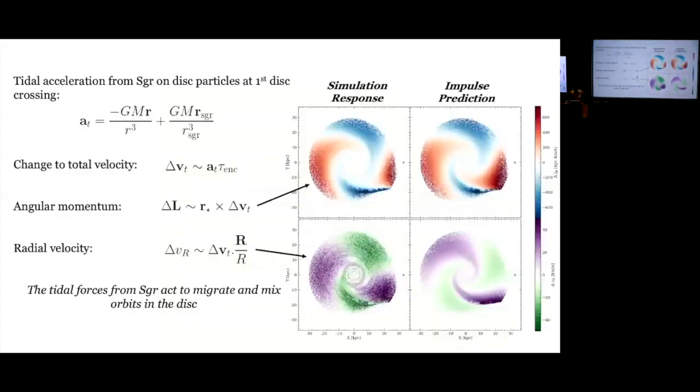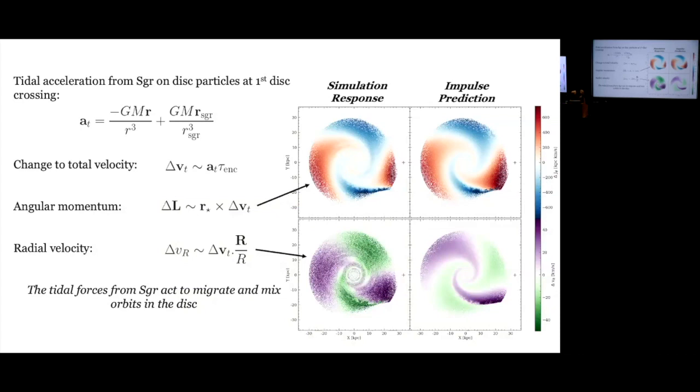So first we model the passes of Sagittarius as an impulsive encounter, and by impulsive we mean that the encounter time between Sagittarius and the Milky Way is short with respect to the orbital period of particles in the disk, and that particles remain fixed to their disk crossing positions throughout the duration of the encounter.